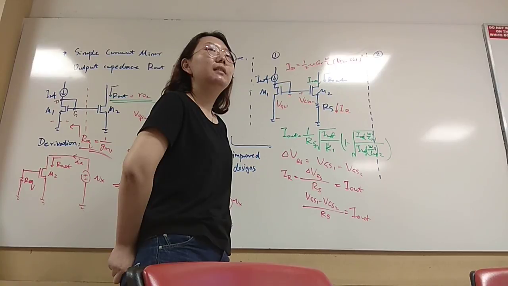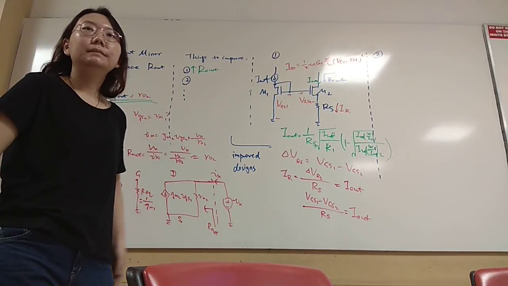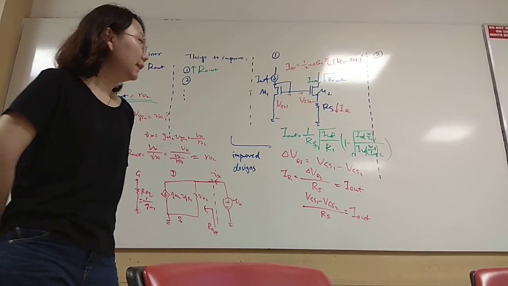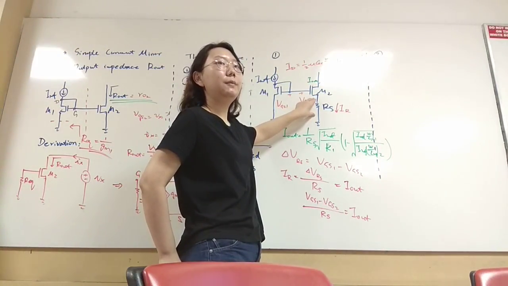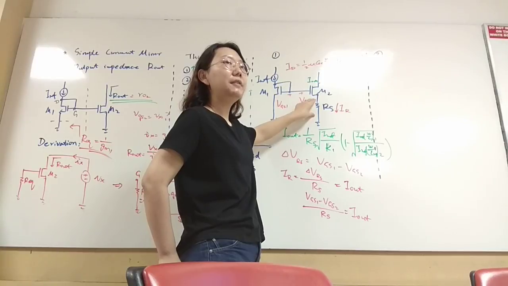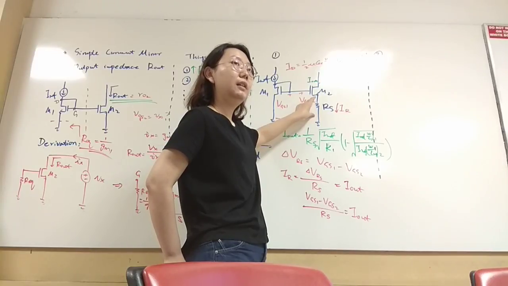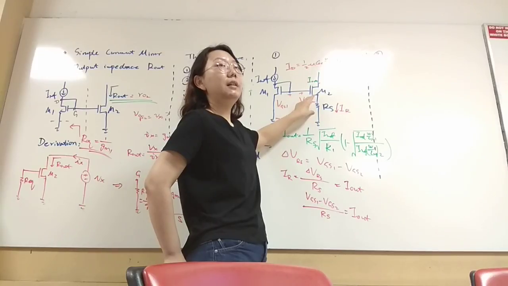Then the second equation is to get the current across IR. First, we find the voltage difference across this resistor. After I found the voltage difference across this resistor, I can get the current flowing through this resistor, because the resistance is already given. Okay, so you will get the current flowing through this resistor.